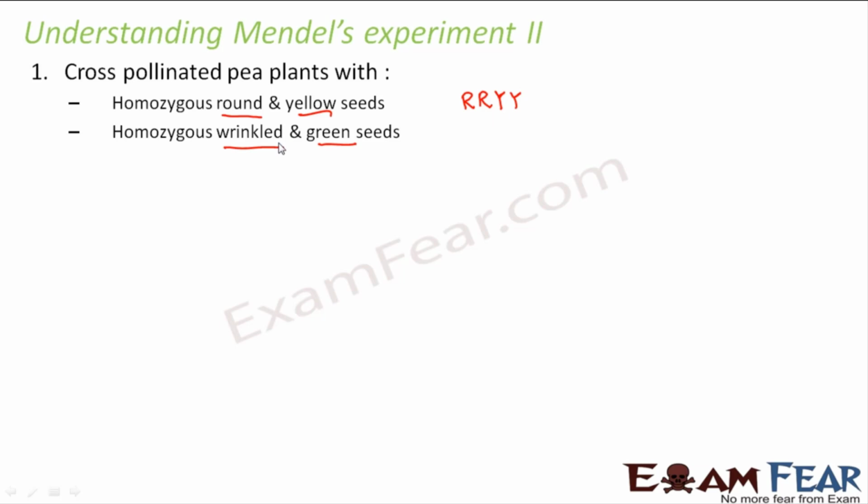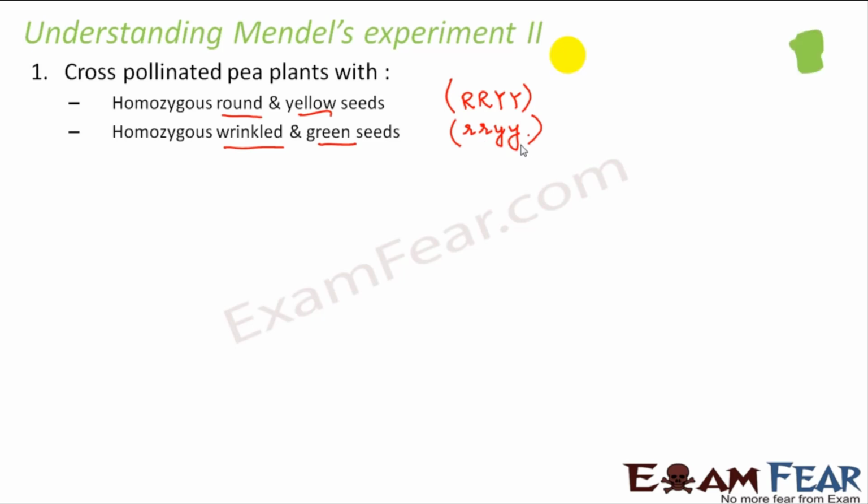Similarly, if round is capital R, wrinkled we can denote by small r. And if yellow is capital Y, let us denote green as small y. This is more convenient to denote it this way. So this is what he chose, right? Now we will see what was the output in this case.